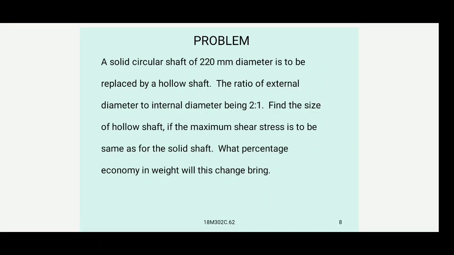The ratio of external diameter to internal diameter being 2:1. Find the size of hollow shaft, if the maximum shear stress is to be same as for the solid shaft. What percentage economy in weight will this change bring?